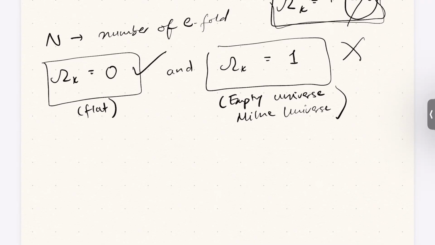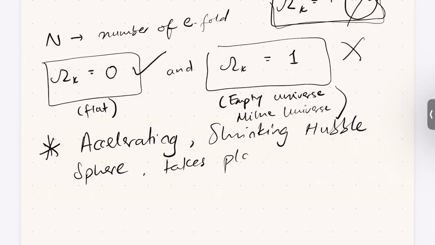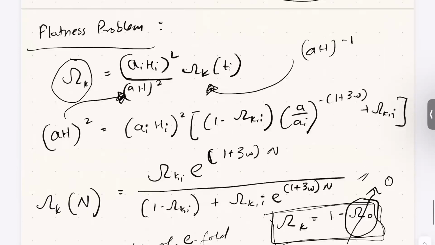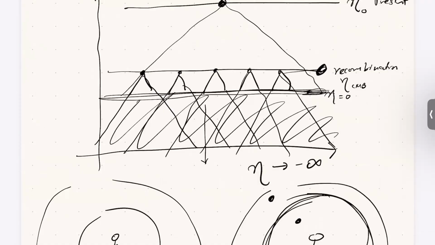So that means we need a particular model that is accelerating, has a shrinking Hubble sphere, and takes place before eta equals 0, right? Because as you can see from here, it should follow in this particular region, which is before the Big Bang singularity.